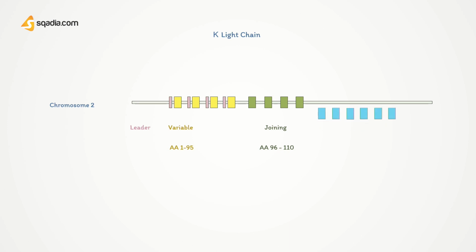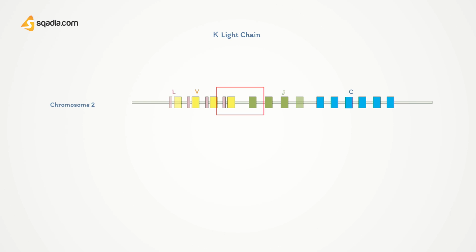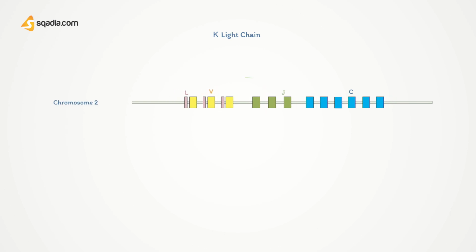V genes are brought closer to the J genes during the process of DNA rearrangement, and a precursor mRNA is transcribed from a VJ sequence. The L portion usually splits off from the protein. Now, approximately 175 to 200 different kappa light chains can be coded.